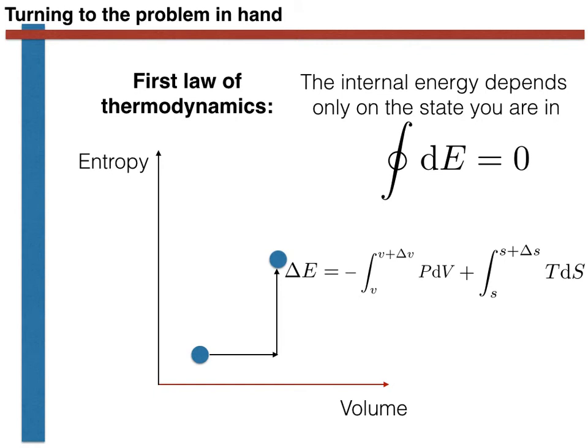Remember that the value of this quantity does not depend on the path taken, because the first law of thermodynamics tells me that the internal energy is a state function, and hence that the change in internal energy that takes place in moving from initial state A to final state B depends only on state A and state B. It does not depend on the path taken between these two states.